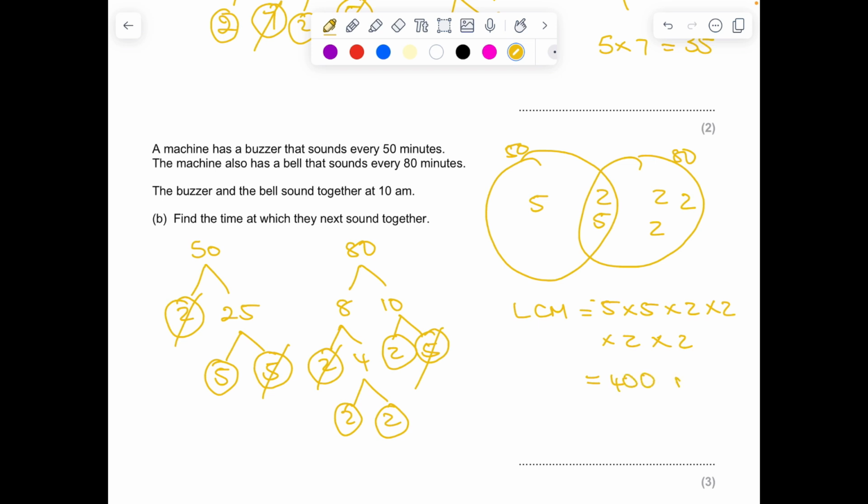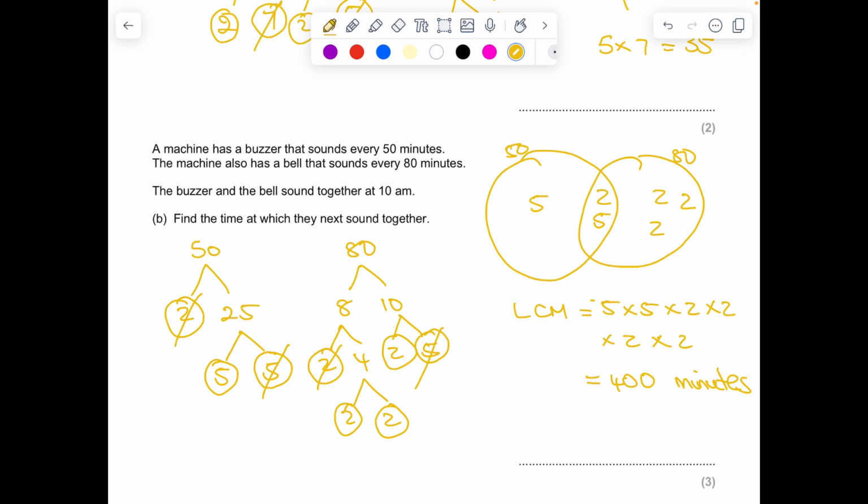So every 400 minutes, they are going to sound together. So the buzzer and the bell will sound together every 400 minutes. And again, you would have got the same answer if you'd done the 50 times table and the 80 times table. You should have found 400 to be the lowest common multiple.